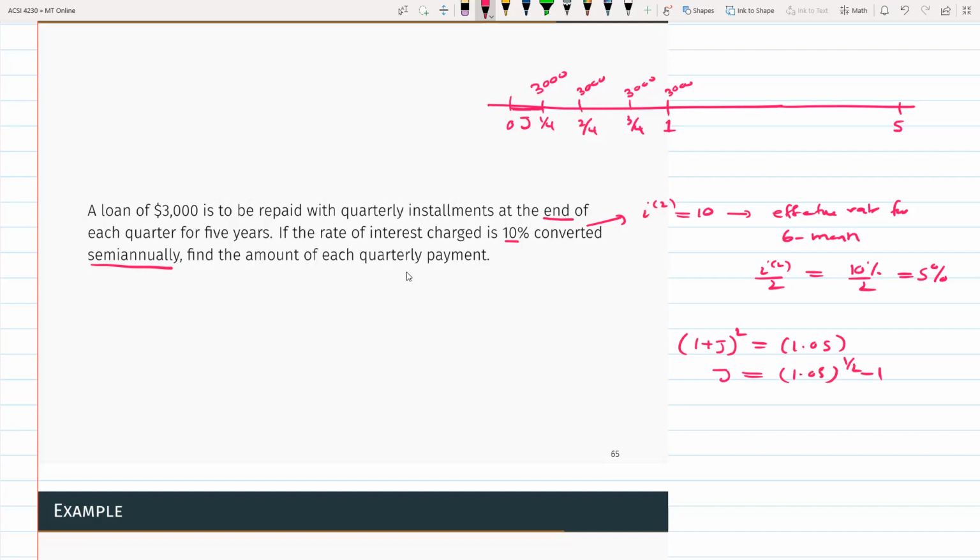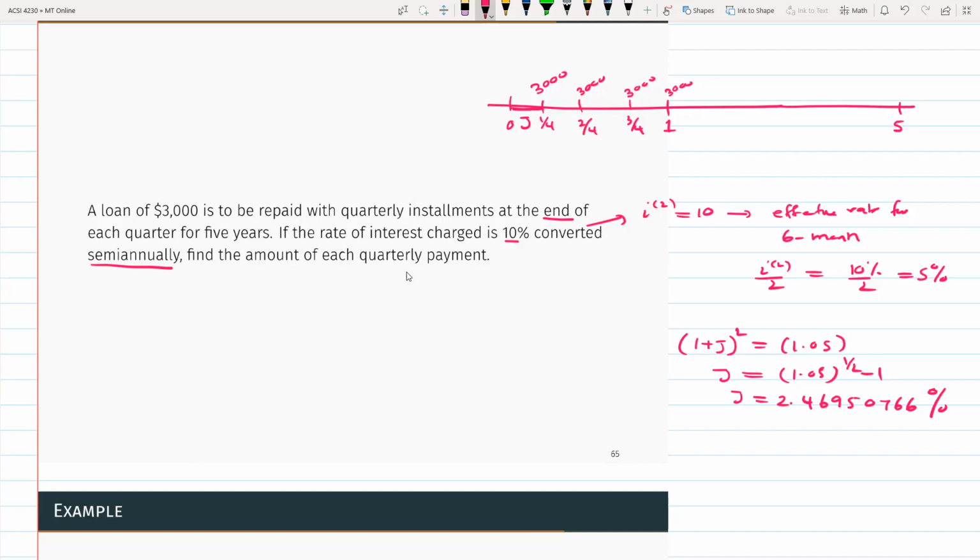Okay, so this is the effective rate per quarter. So let's solve this. 1.05 to the 0.5 minus 1 multiplied by 100. I get 2.46950766 as a percentage. Why percentage?